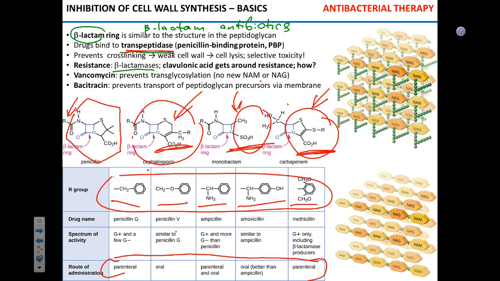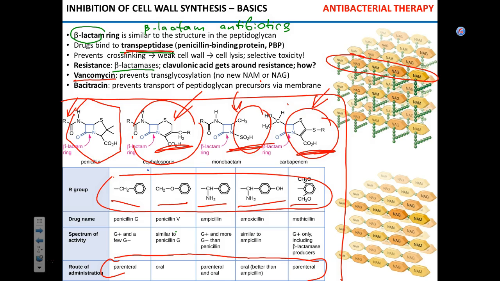Now, those were beta-lactams. We have a couple more cell wall inhibitors. Vancomycin, which actually prevents the process known as transglycosylation. Essentially, vancomycin prevents the synthesis of these chains, the carbohydrate chains in the cell wall.